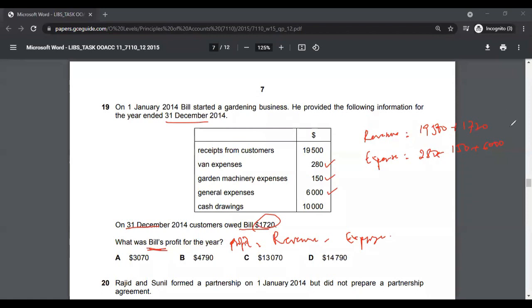If you calculate the total revenue and the total expenses, profit is going to be the difference between total revenue minus total expenses, and the maths is up to you because you must practice. And the answer to multiple choice 19 would be option D.